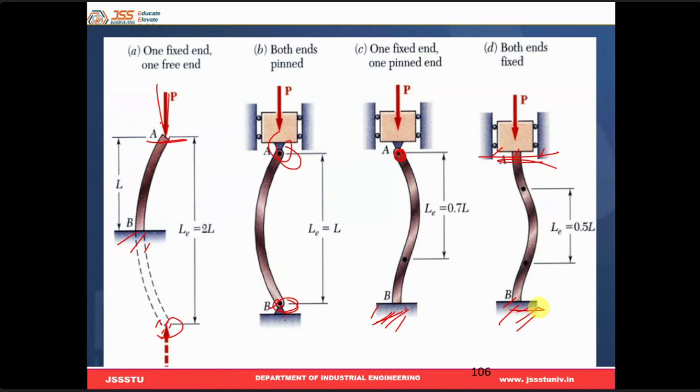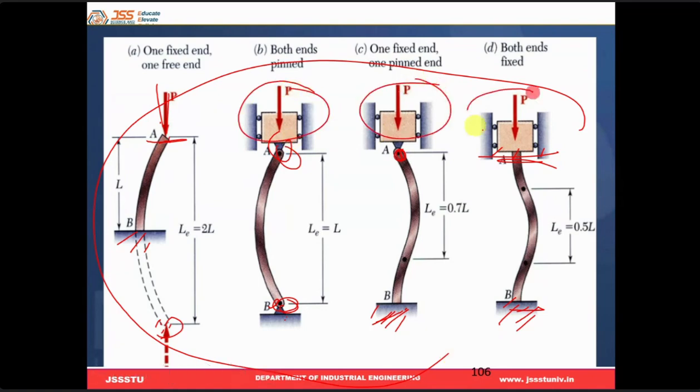Okay, see, for all these four conditions, the columns will not behave the same. The buckling will be different for different end conditions. So therefore, on different end conditions, the load carrying capacity will also vary. So what is the crippling load for each case?